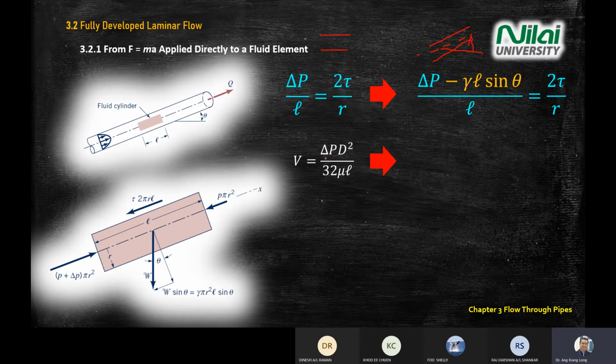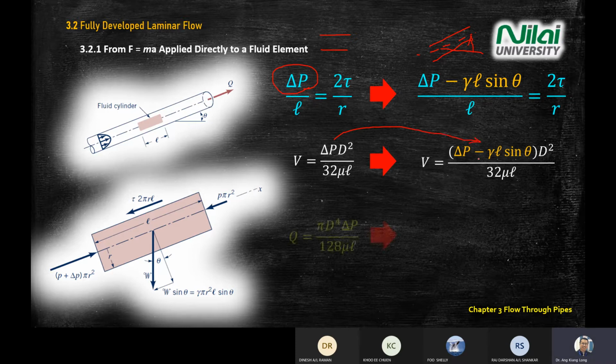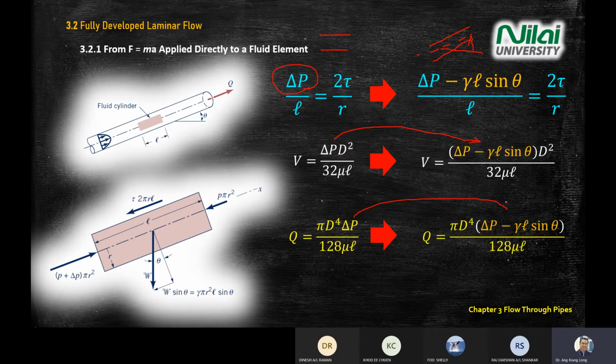The difference is there is a change of the pressure component when you change the orientation. So V will become this one. There's a negative there. Q is also the same, it changes to this one.